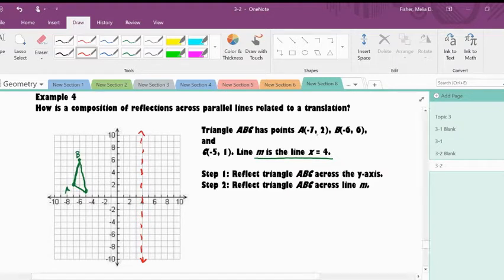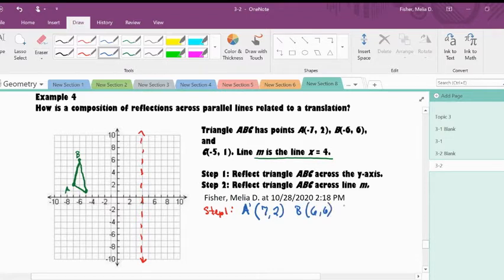So if we switch the sign of our x value for step 1, we would just change A to being +7, 2, and B would be +6, 6, and C prime would be +5, 1.